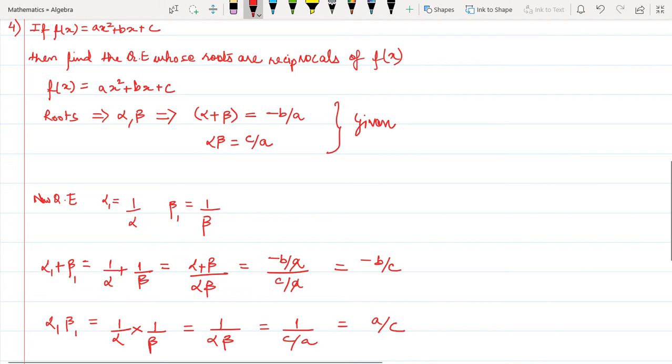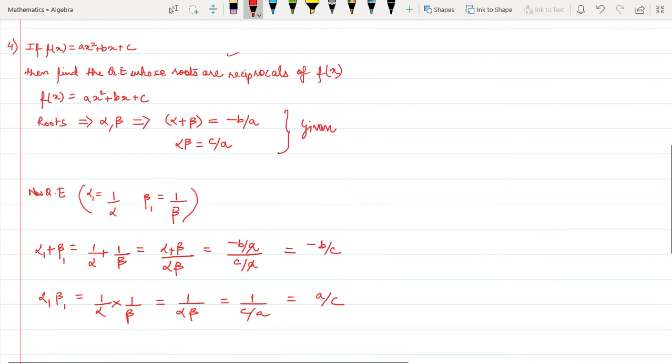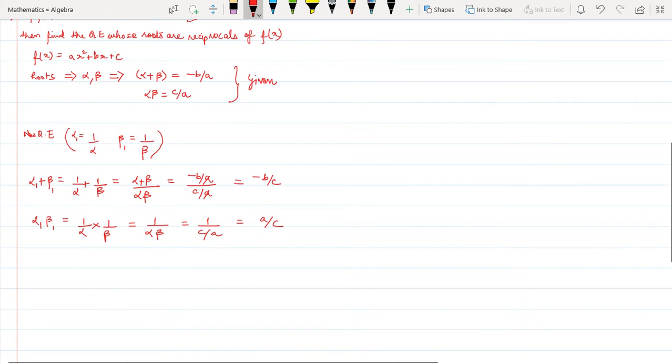The new quadratic equation has the roots as reciprocals. This was given in the question, so we tried to satisfy the new roots, which will be the reciprocal of the original roots. Now I'll try to minimize the screen a little so that I get more space.